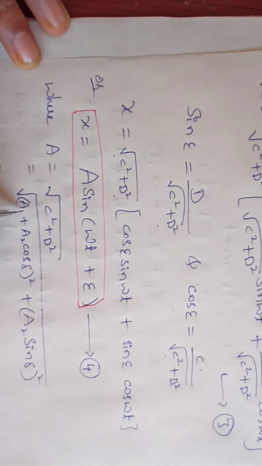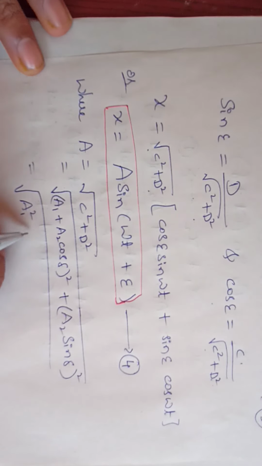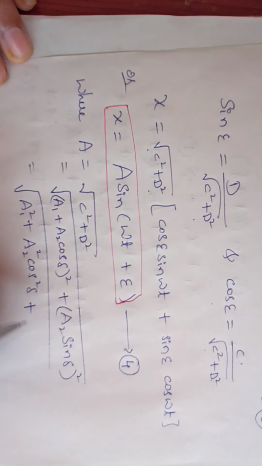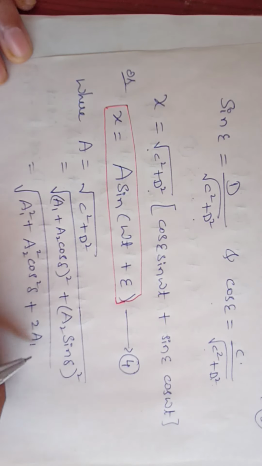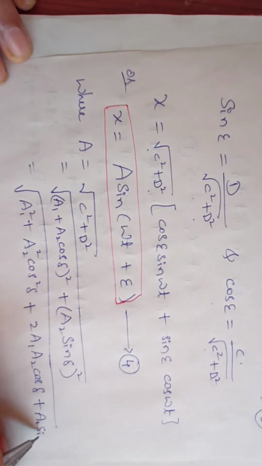Now if you expand this, it is in the form of a plus b whole square, so a1 square plus a2 square cos square delta plus 2 a1 a2 cos delta, plus a2 square sin square delta.